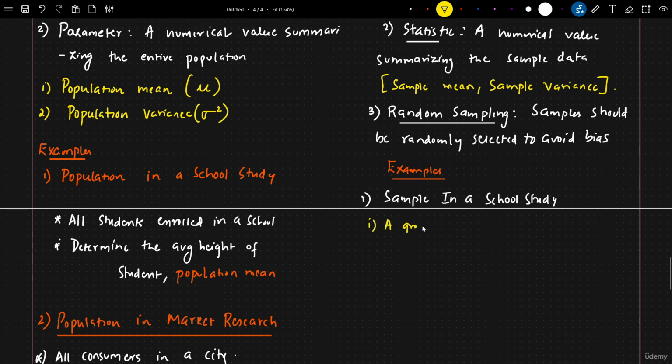Let's say I select a group of 50 students from a school. This is my sample data. What kind of use case can I solve with this sample group of 50 students?